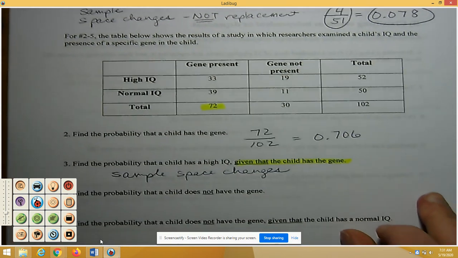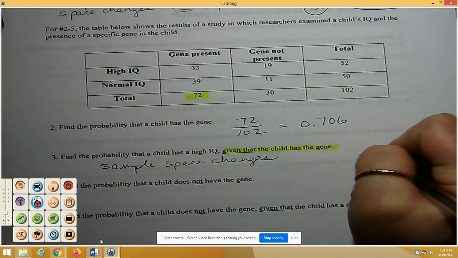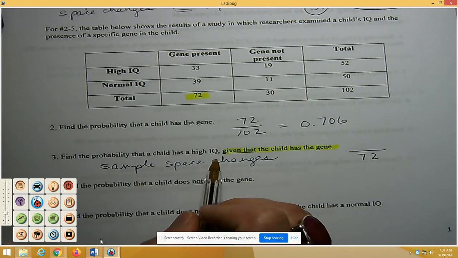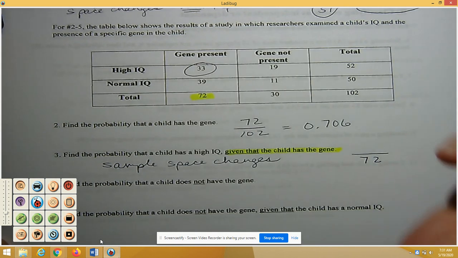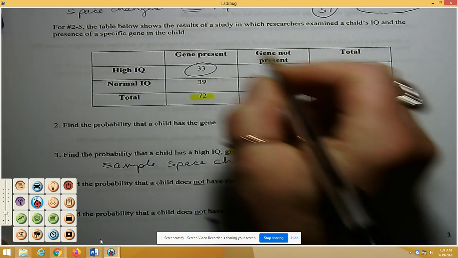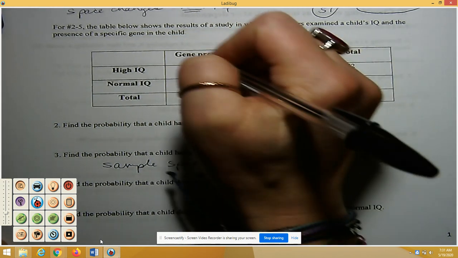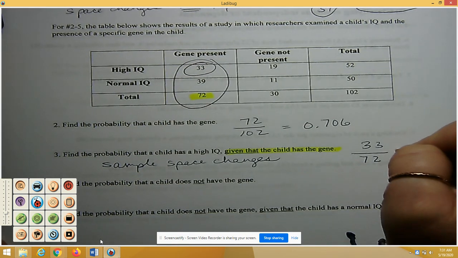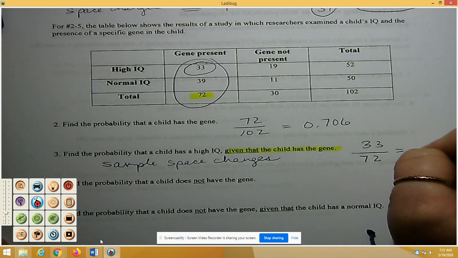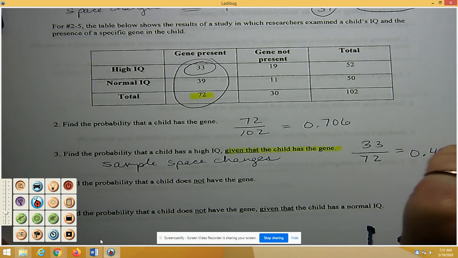Now our total is 72, and we want to find the probability that the child has a high IQ. Well, that's going to be this 33. I'm looking at this particular column right here for this one. So I have 33 out of 72, and when I do that out, I'm going to get 0.458.